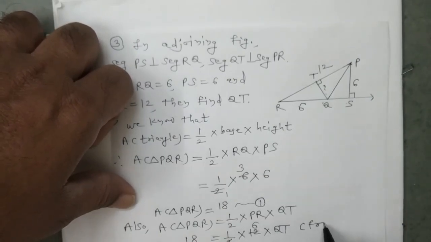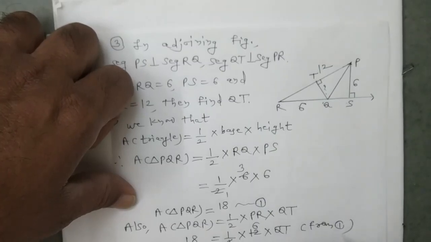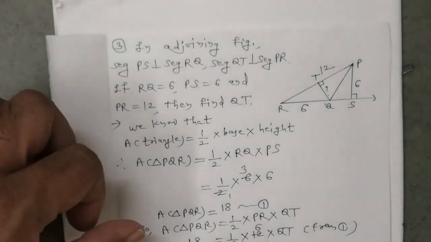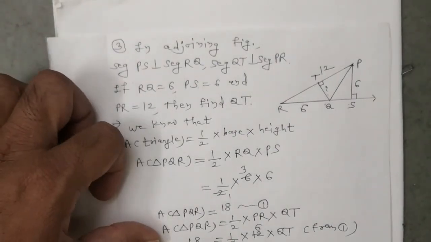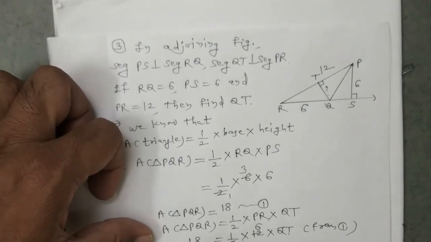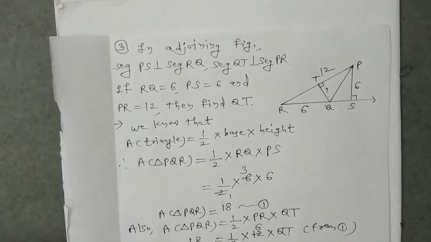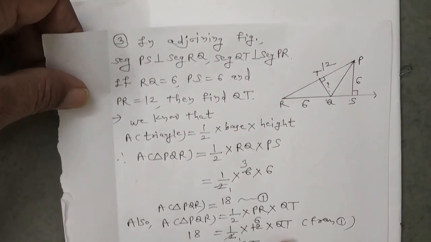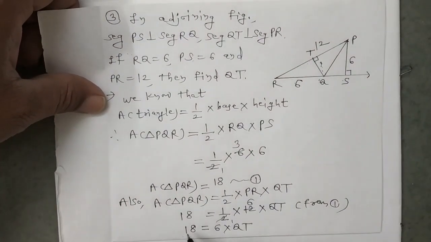Here from 1. Now we can write this as, 18 is equal to 6 into QT.